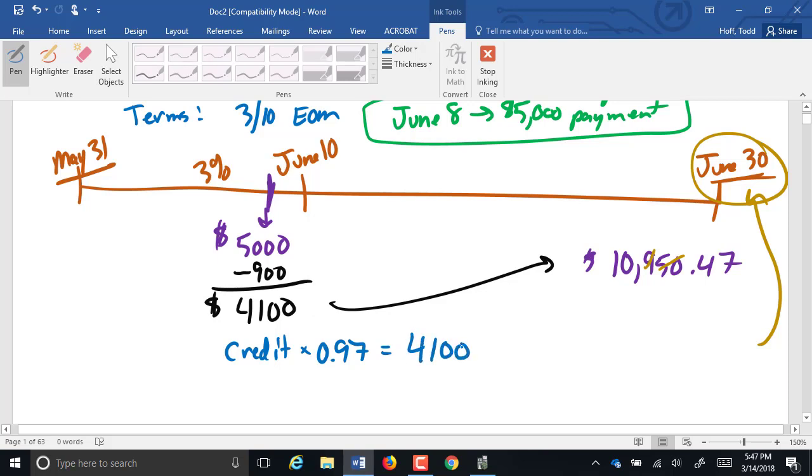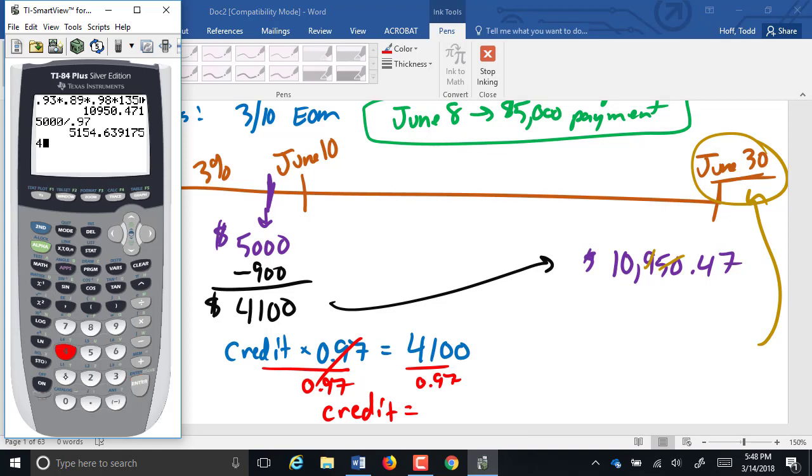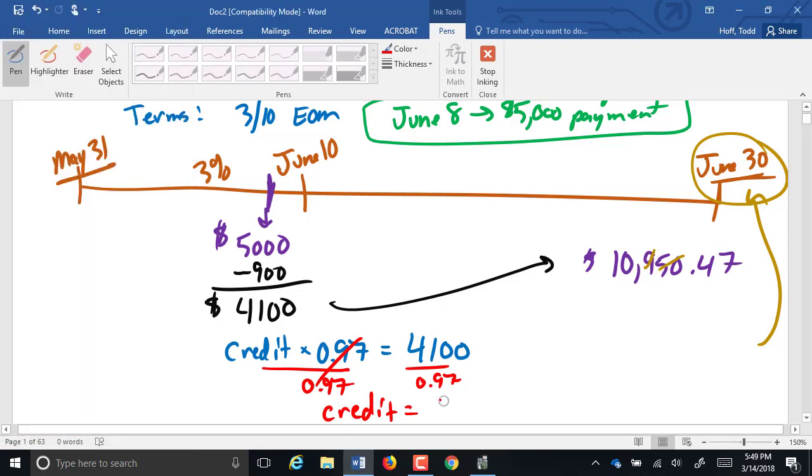I'm going to pause for a second, give you guys some time to erase if you need to. Okay, so we have that credit. It's only 4,100 because you have to pay the shipping first. We divide by 0.97. So the amount of the credit is 4,226.80.